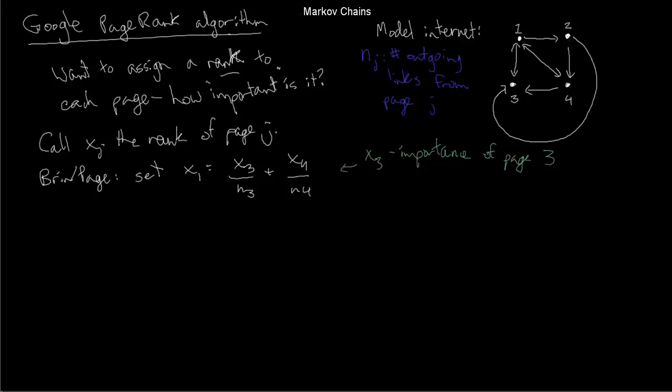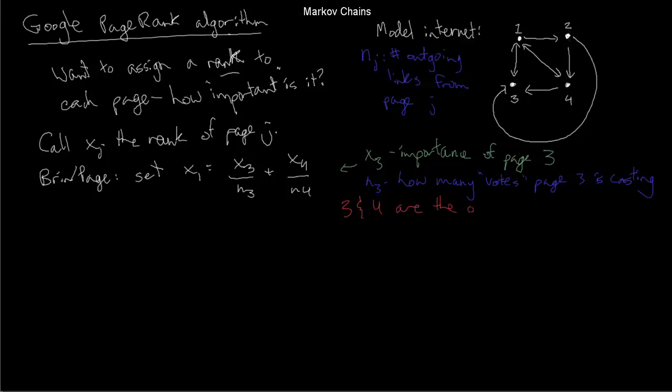Pages 3 and 4 are the only 2 pages linking to page 1, so I should just add up a normalized vote for page 1 from all the places linking to it. So x3 is the importance of page 3, and n3 is how many votes page 3 is casting for importance of all pages everywhere. If I normalize it down like that, I can certainly get an equation.